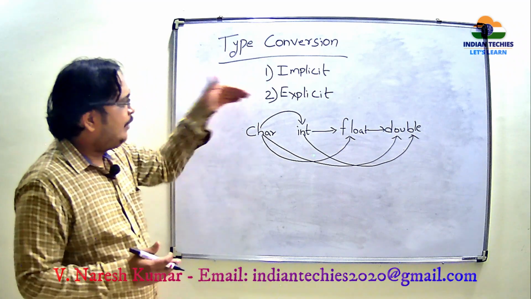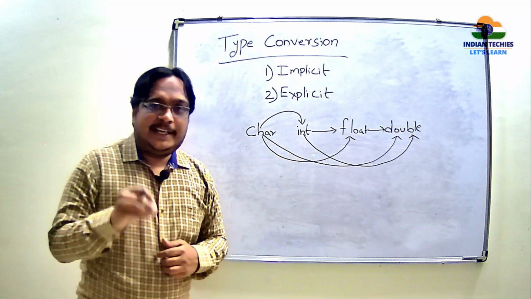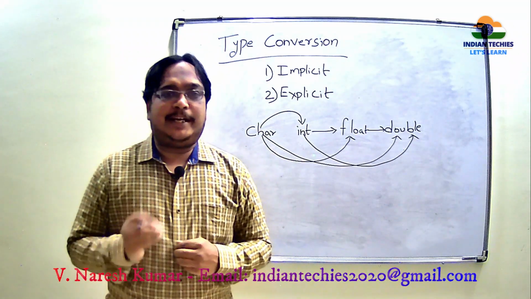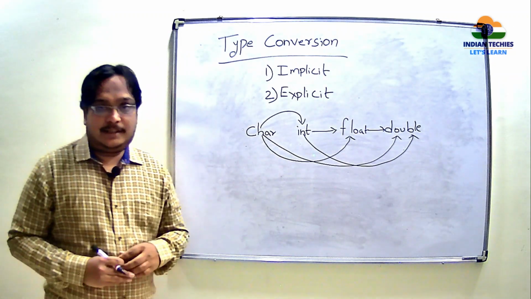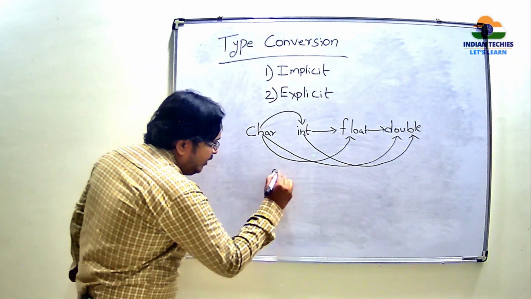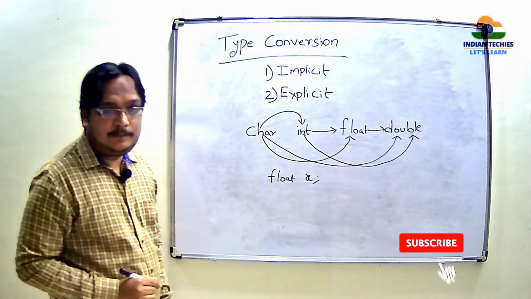Next, coming to the second one, explicit means it is user defined, a conversion which is specifically done by a user. For example, there is a float value called x.